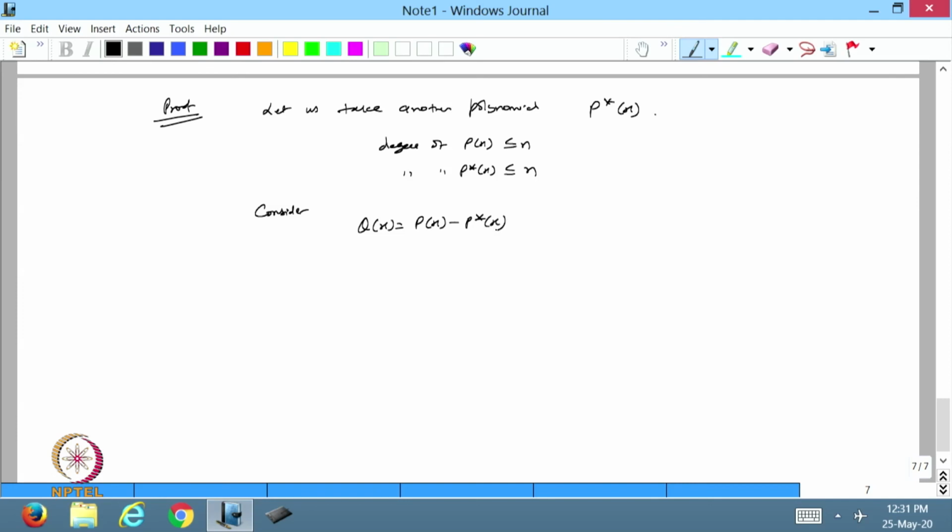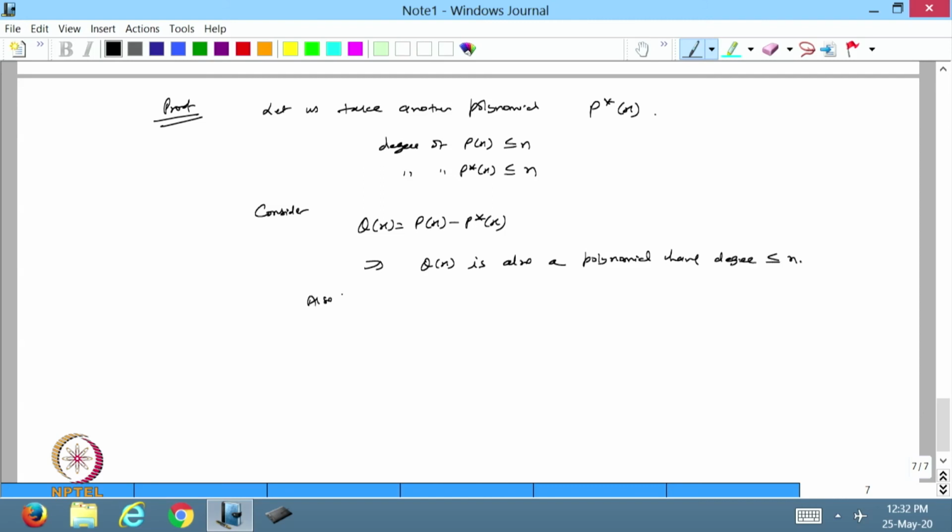I choose the difference of these two polynomials as q x. So from here I can say that q x is also a polynomial having degree less than or equal to n.